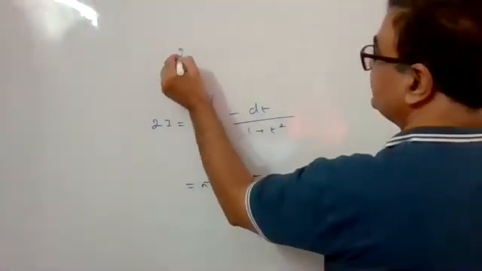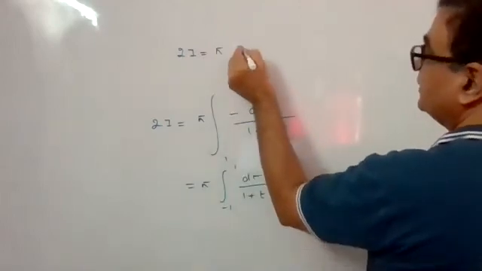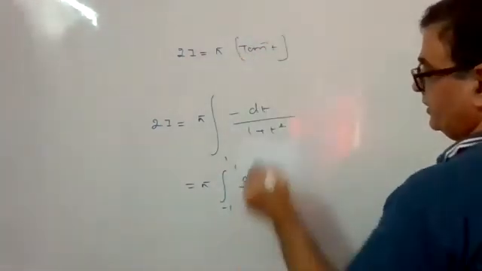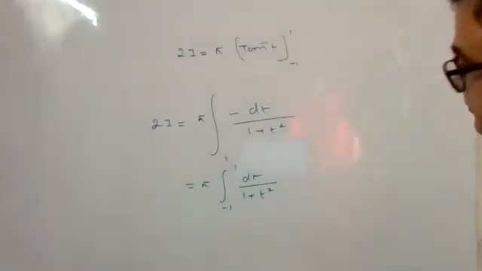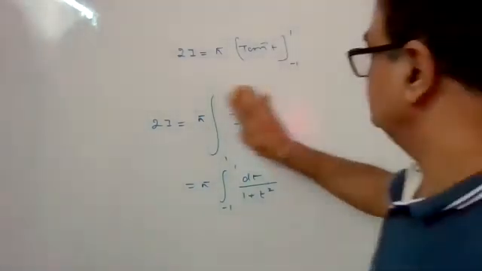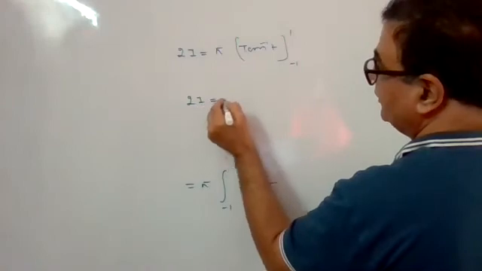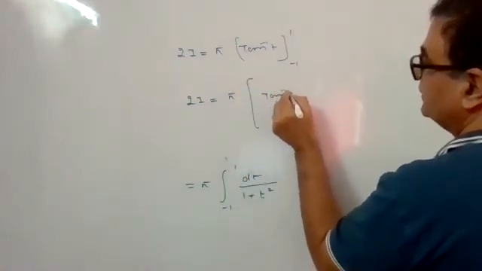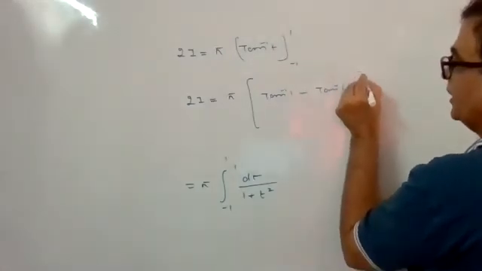So I write this down as 2I is equal to pi times tan inverse t, and the limit will go from minus 1 to 1. When you have the limit minus 1 to 1, then 2I will be equal to pi times tan inverse 1 minus tan inverse of minus 1.